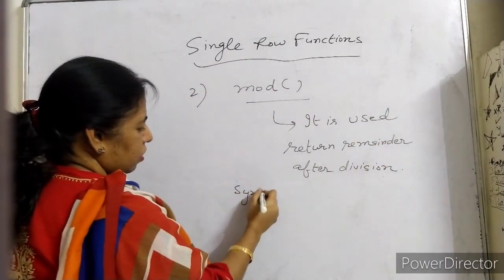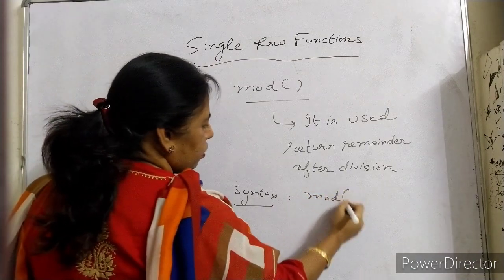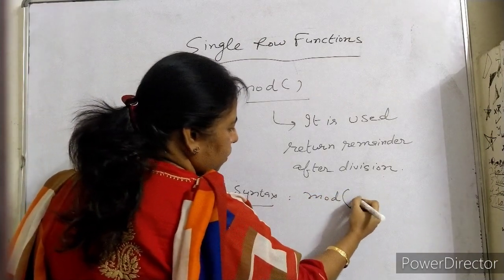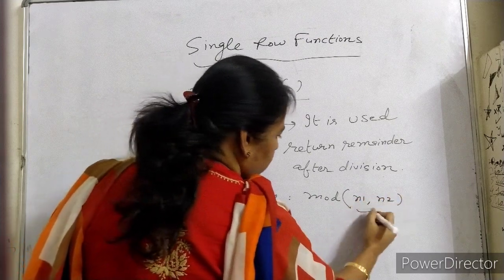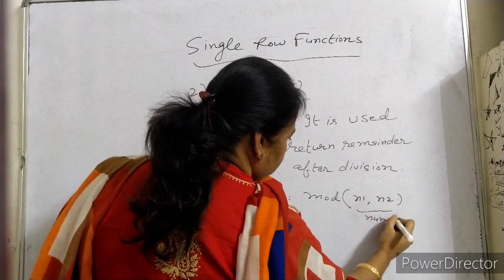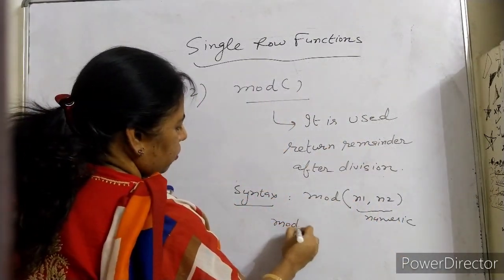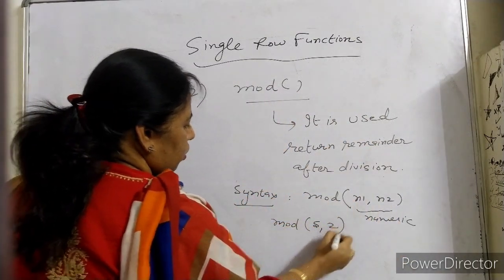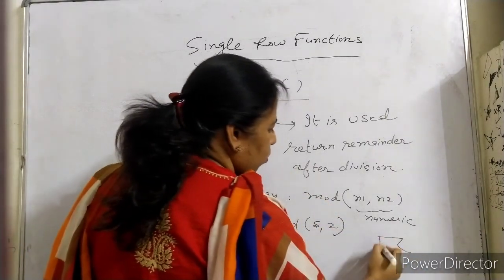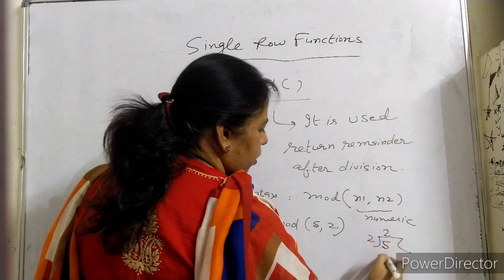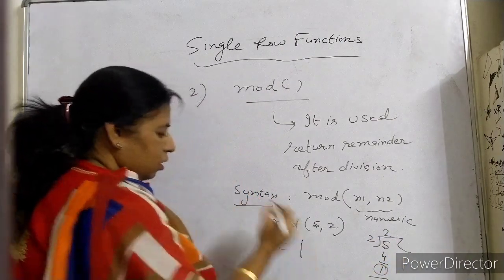Syntax is mod. Here you have to pass 2 numbers. First is n1, second is n2. Both are numeric. Clear? If I am writing here mod(5, 2), it means I am dividing 5 by 2 and whatever remainder is there, that is 1, it will be returned.